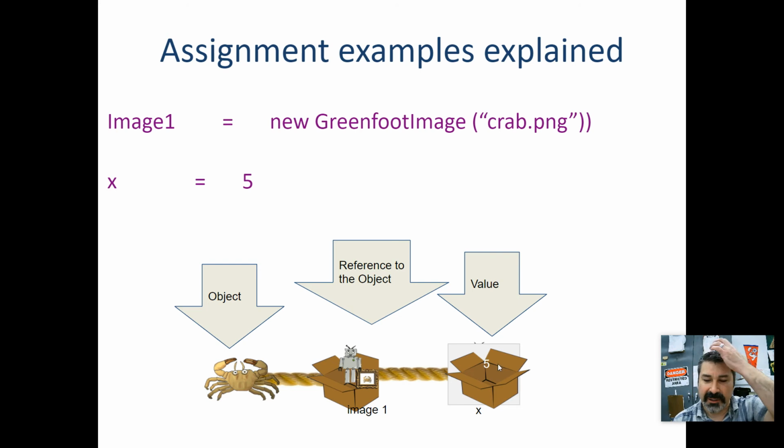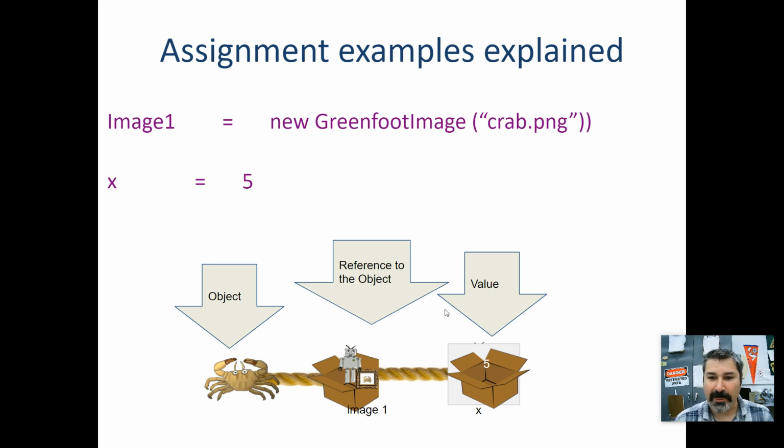Now here's the difference. The 5 is super simple. It just lives in the box. It's actually in the box. If we're creating a robot, the robot doesn't actually live in the box. He doesn't fit in the box. And the real problem is that we can have him in 2, 3, 4, 5, 6, 7, 8, 9, 10, 1,000 different boxes, so we can't chop him up and put him in 1,000 different boxes.